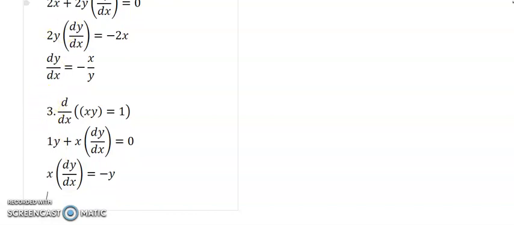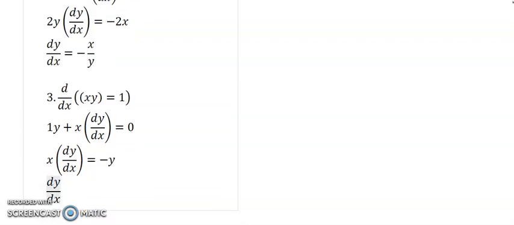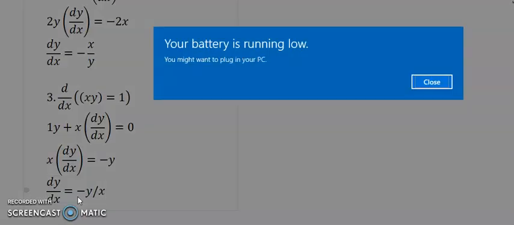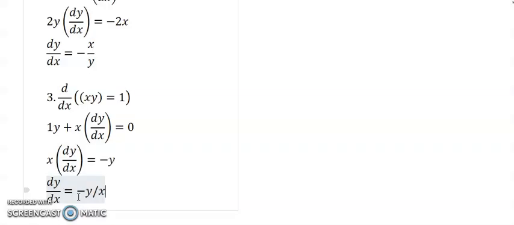Let's go ahead and solve for dy over dx. Then dy over dx will give us negative y divided by x.